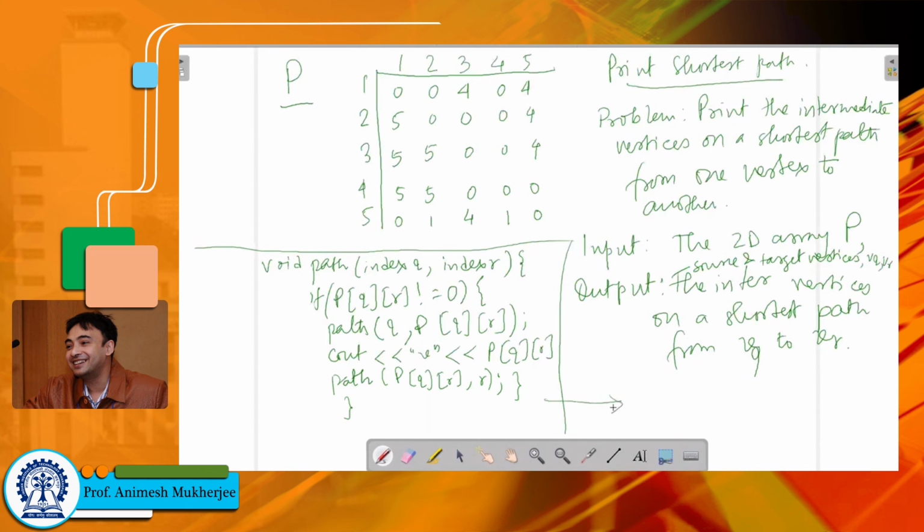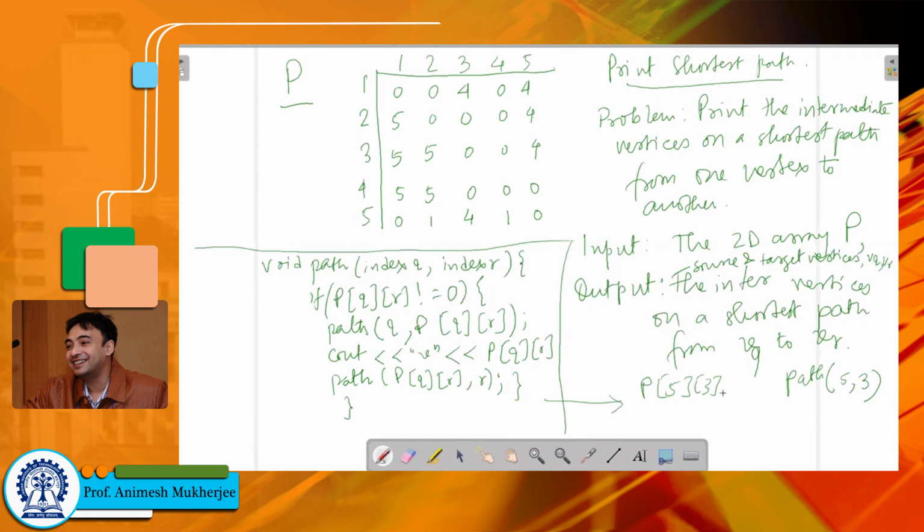This is very similar to the traversal algorithms that you have already learned in your binary search traversal techniques. So let's say I call the function path and my arguments for Q and R are 5 and 3. That is, I want to print the vertices that are on the shortest path connecting 5 and 3. So I would find out, first of all, P53.